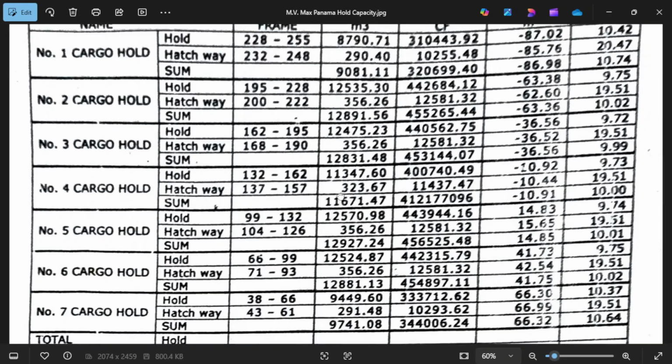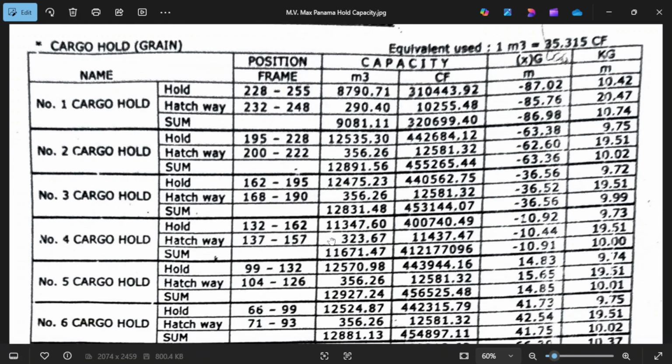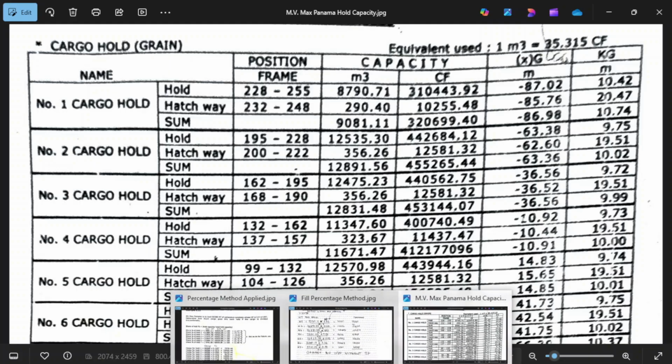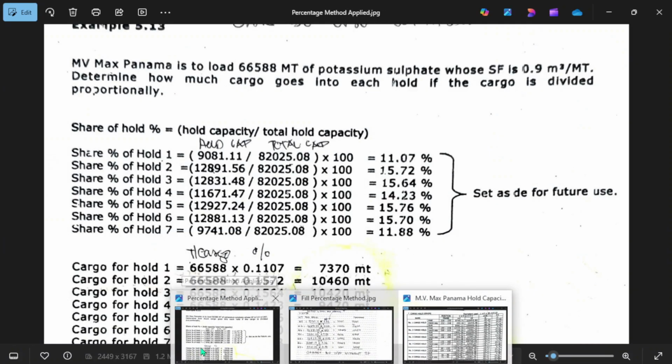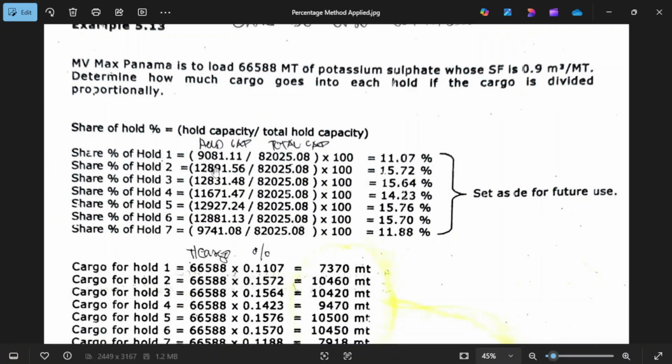So the hold capacity of cargo hold number 1 is 9081.11, and number 2 is 12891.56.